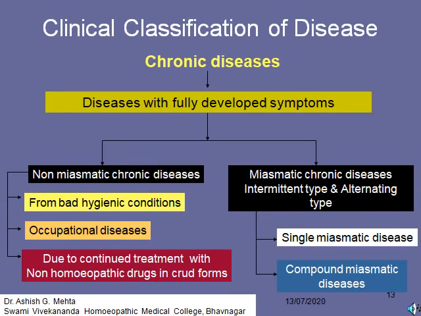In non-miasmatic chronic disease, we have to study the various causative factors which can produce it. The first factor is bad hygienic conditions or bad living conditions. Suppose a person is living in a damp place; naturally he is going to suffer from joint pain or some respiratory complaint or skin complaints because of the humidity and dampness of that living condition.